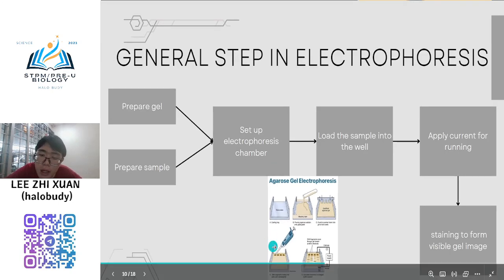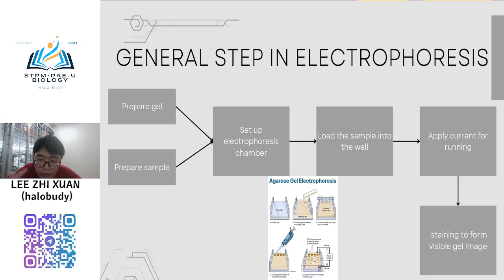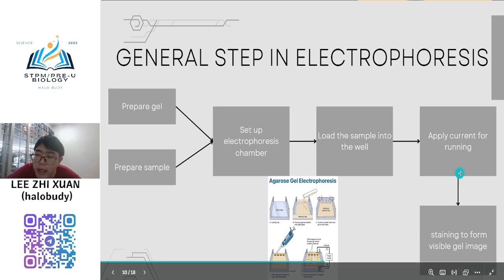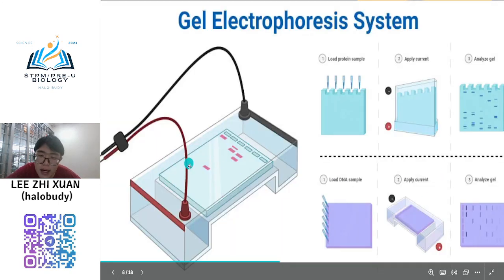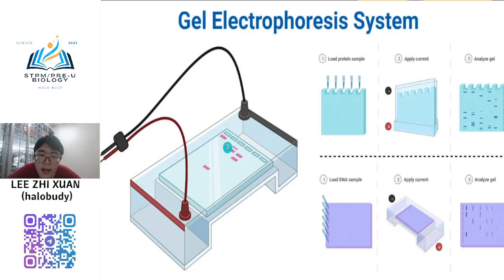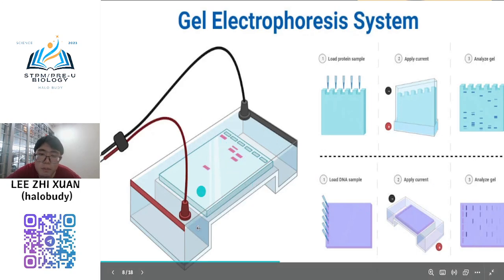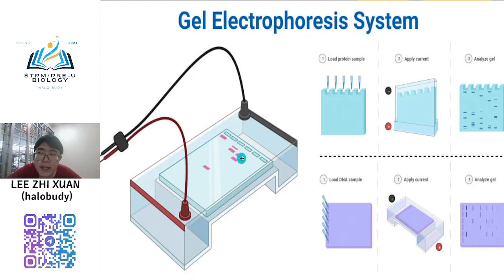Once you load the sample, your sample is already inside the well, and then you can run your sample, and you will see the image like this. This image is based on the separation of the DNA, RNA, or protein molecule based on their size and also electrical charge.